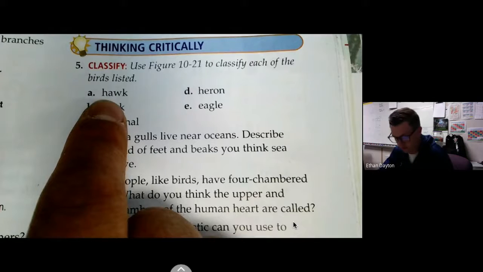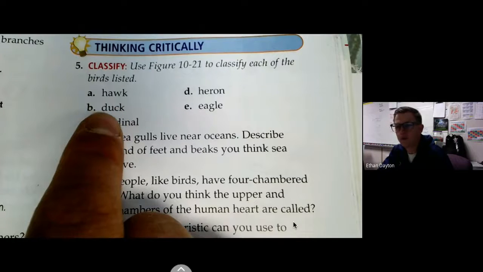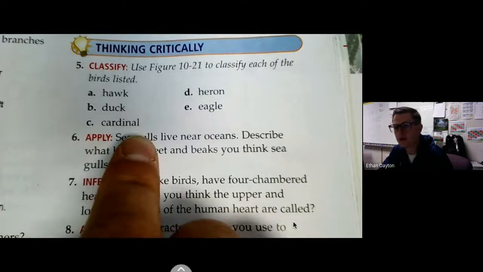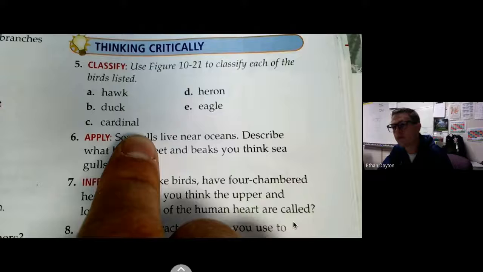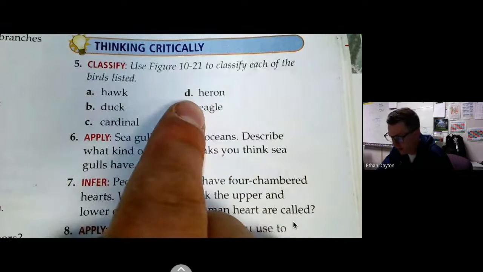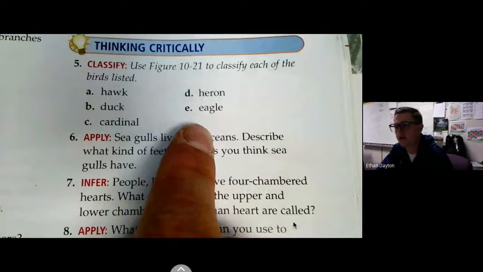What group of bird does that fit into? B, duck. What order does a duck fit into? C, cardinal. What order does a cardinal fit into? D, heron, and E, eagle.